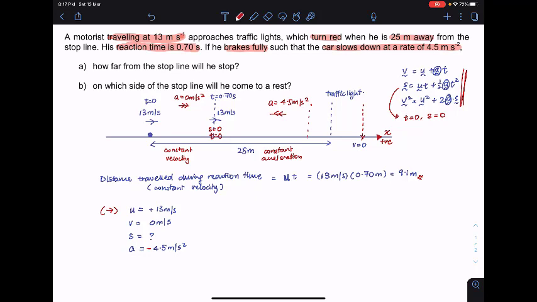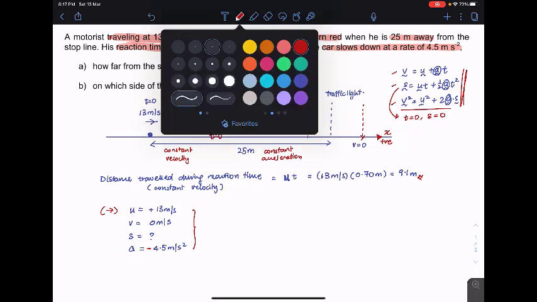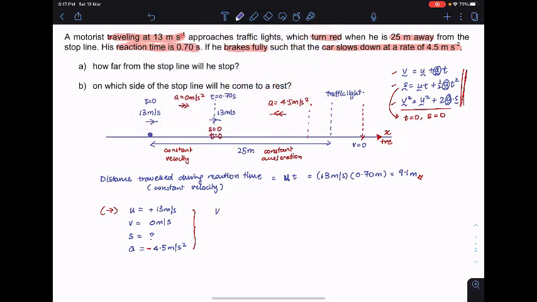So with these information, which equation do I use? Checking the three equations of motion, we see that the most suitable equation with one unknown without any time factor is my last equation here. So I'm going to use that equation, using v squared equals to u squared plus 2as.